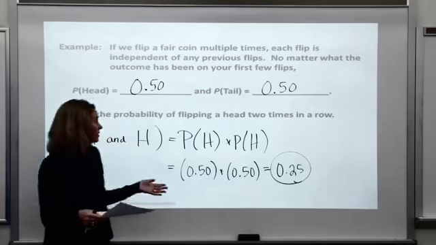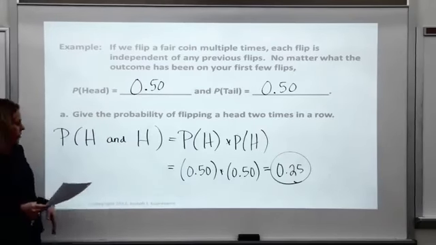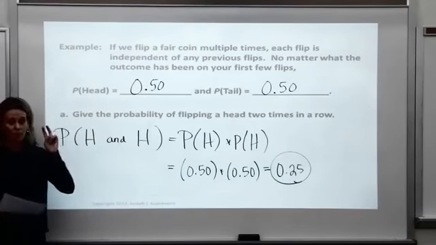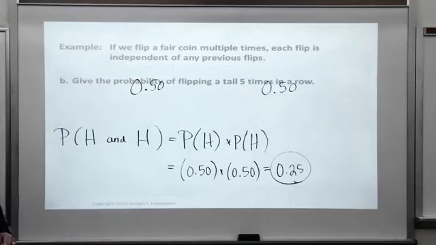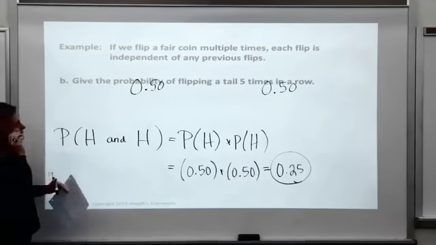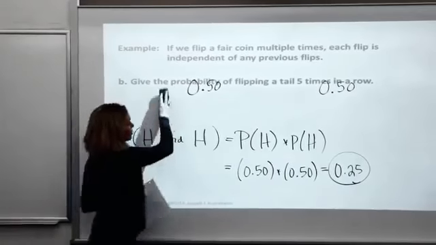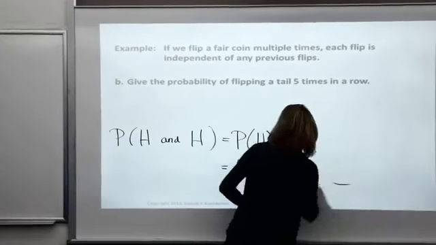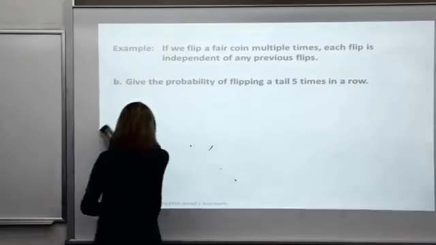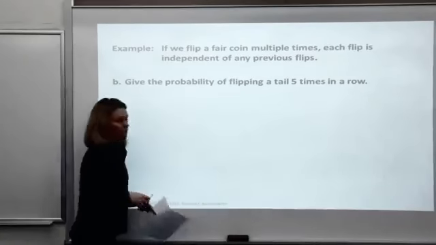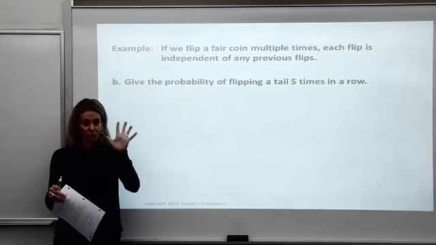All right, we can extend this. In part B, we're going to flip a coin, instead of twice, 5 times. What's the probability of flipping and getting a tail 5 times in a row? Each of those 5 flips are all independent.